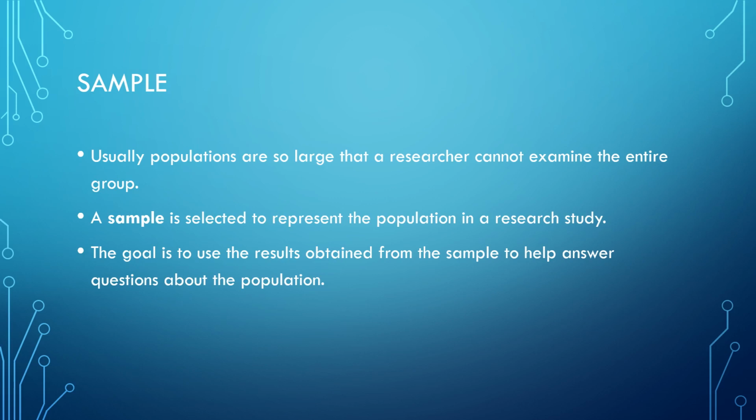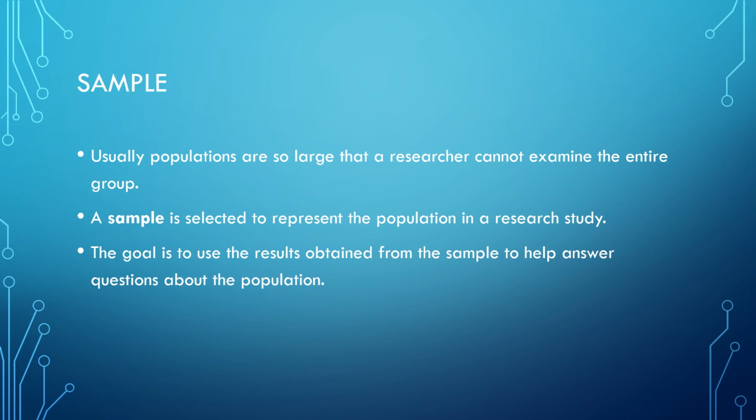It's just impractical. So instead of studying the entire group, we often select a small group, a sample, that is selected to represent the population. And the goal is to use the results of the sample to help answer questions about the population. So our research questions are usually about the population, but we use a sample, a small group, to help us answer those questions.